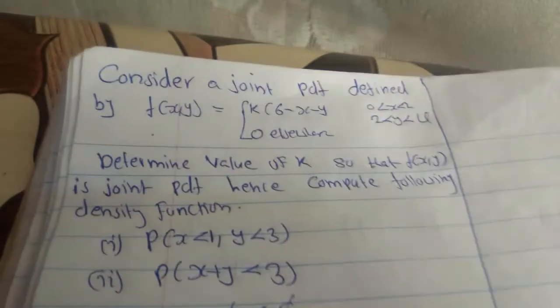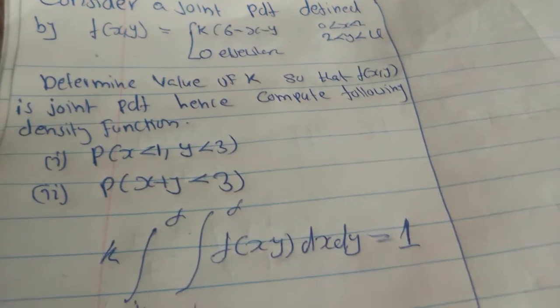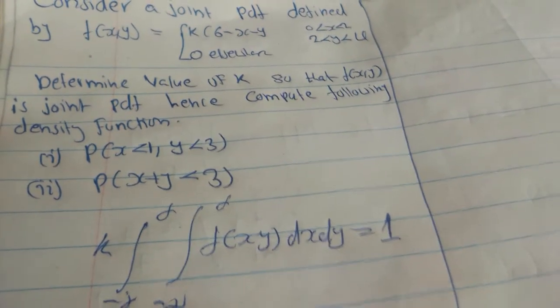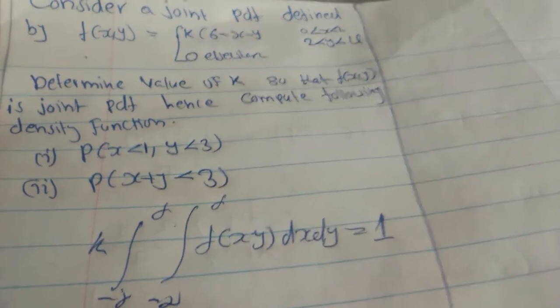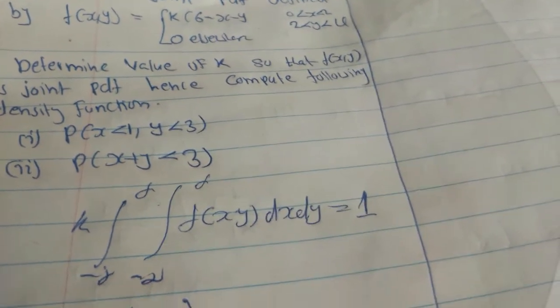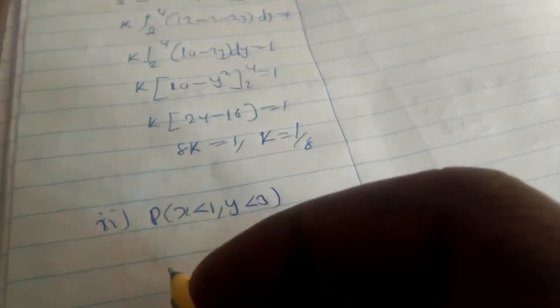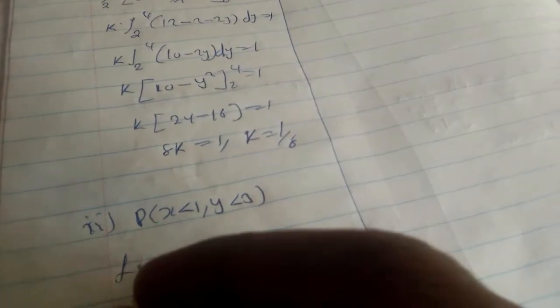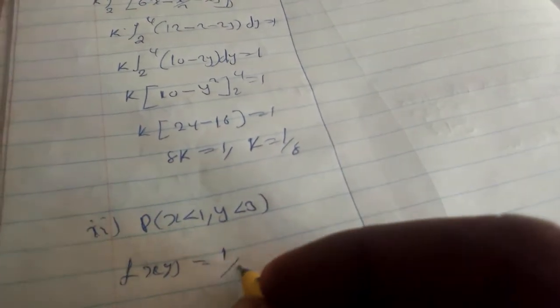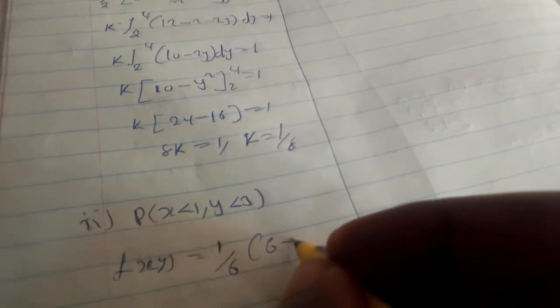So we come to number 2: the probability that x is less than 1, y is less than 3. Already we have the value of k, so f(x,y) is equal to 1 over 8 times 6 minus x minus y.